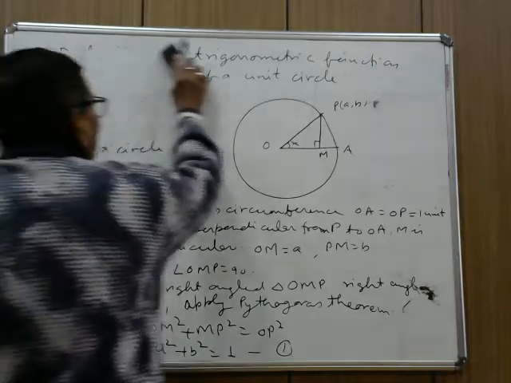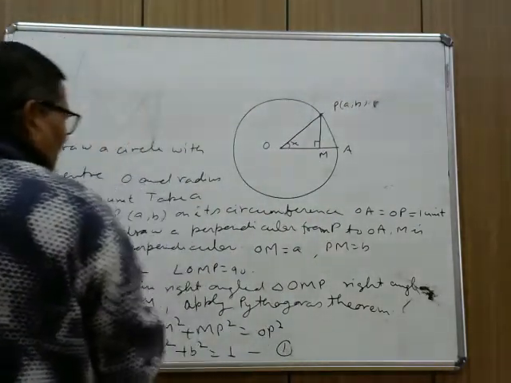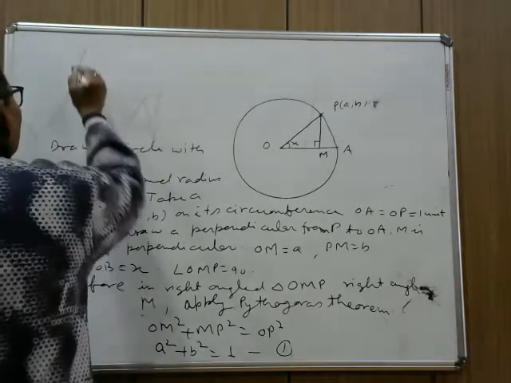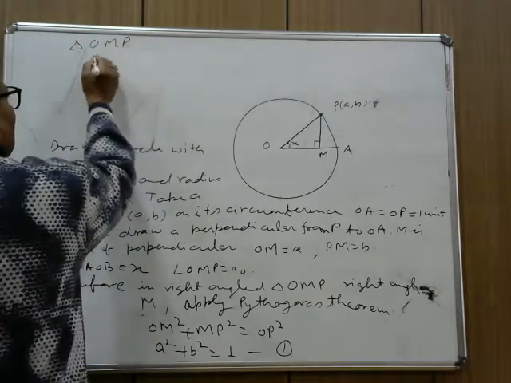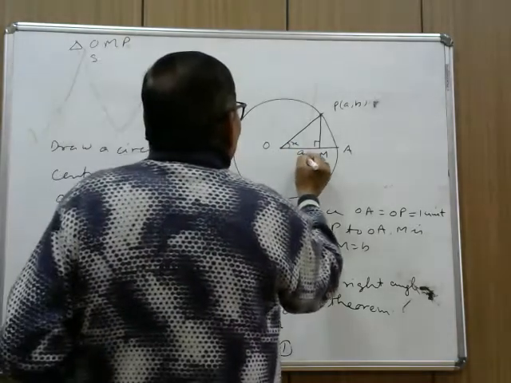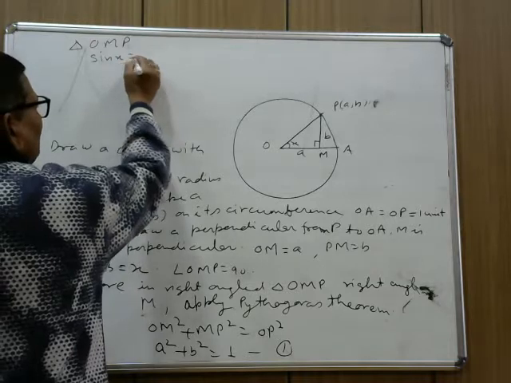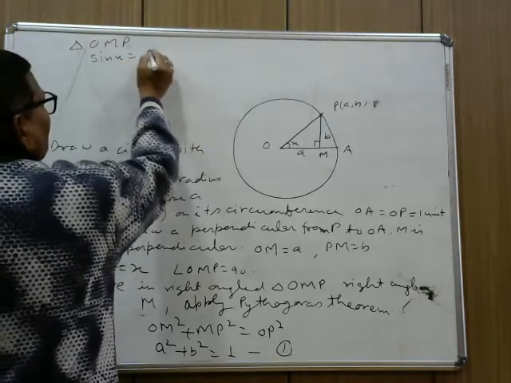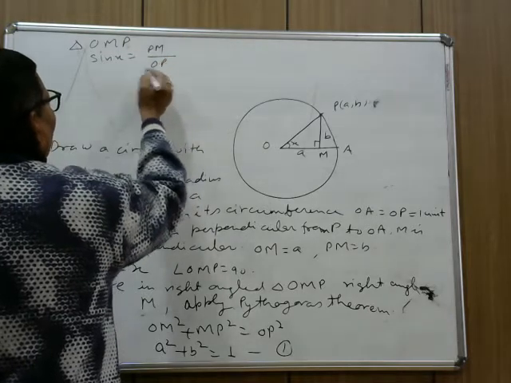So now you see in triangle OMP, sin x is equal to PM upon OP.